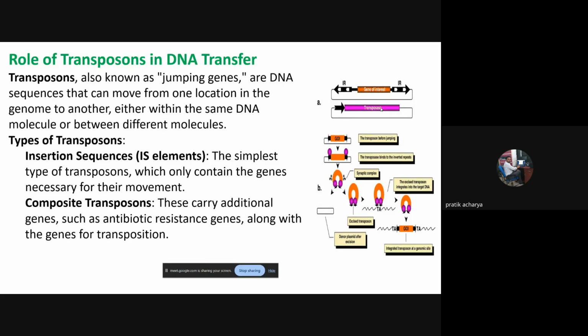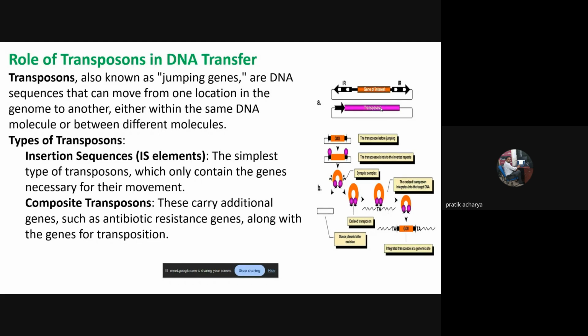Then composite transposons: larger transposons are known as composite transposons. They contain extra genes like antibiotic resistance along with insertion sequences at both ends. Then retrotransposons, generally in eukaryotes, move by being copied into RNA, then reverse transcribed back into DNA before insertion, which is common in plants and animals.